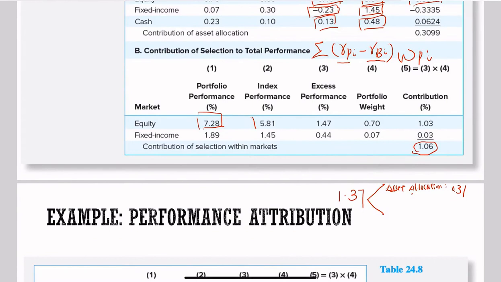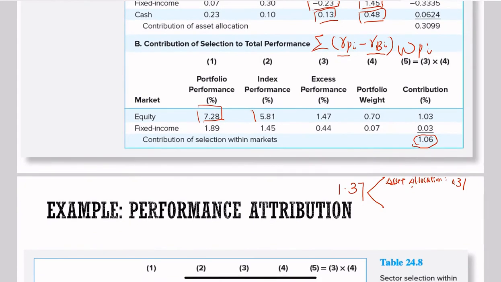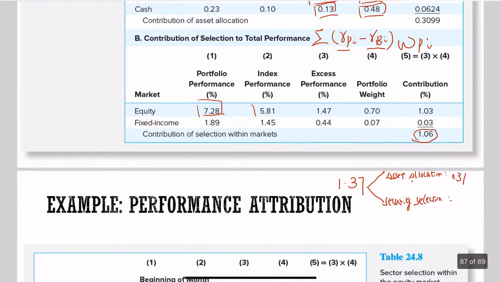Next, it's about security selection, which accounts for 1.06. And we can further decompose this 1.06 into two components: security selection in the equity market, 1.03, and security selection in the bond market, which is 0.03.